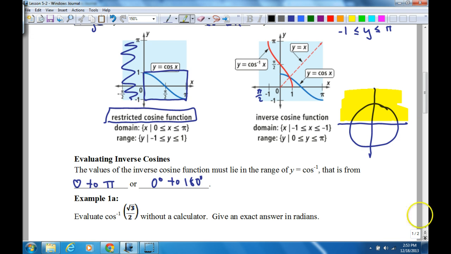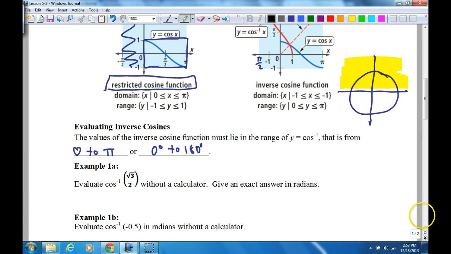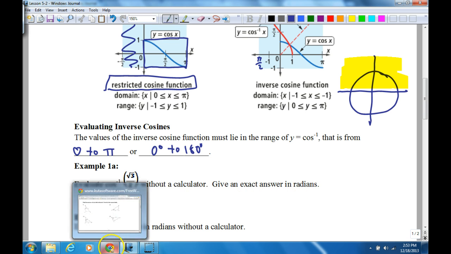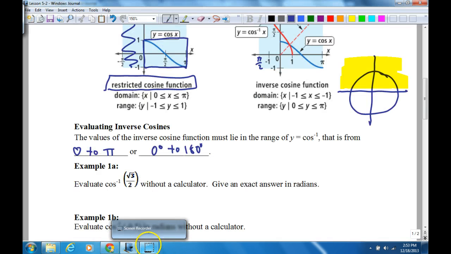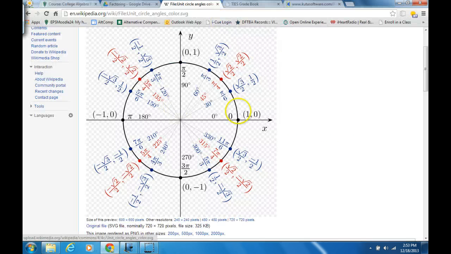Okay, so look at number 1a. It says evaluate cosine to the -1 of square root of 3 over 2 without a calculator and give the exact answer in radians. So hold on. We know that we only want to use the top half of the circle, that's 0 to pi, right?